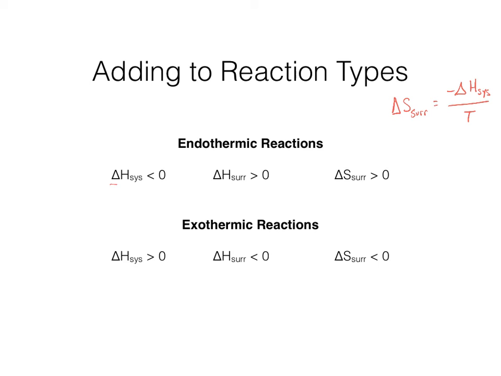So in endothermic reactions, delta H of the system is positive, which means that delta S of the surroundings is going to be negative. For exothermic reactions, delta H of the system is going to be a negative value, and that leads to delta S of the surroundings being a positive value, because a negative times a negative is a positive.